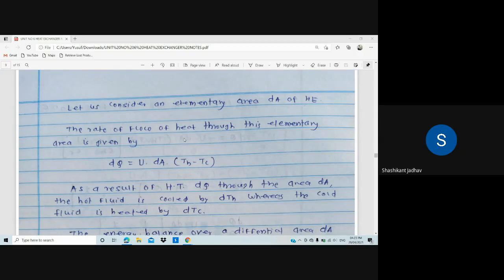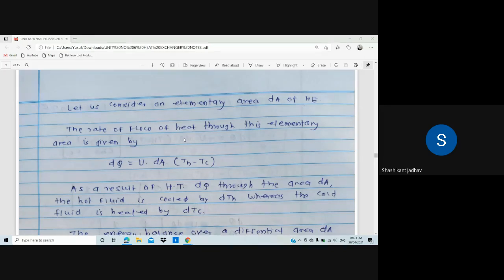Okay. If we are considering the total heat exchanger, at that time what we have written is Q is equal to, but in this case we are considering the small elemental area. Because of that we denote it dq, and the area is dA. So in that form we have to write down the equation for the rate of flow of heat through this elementary area.